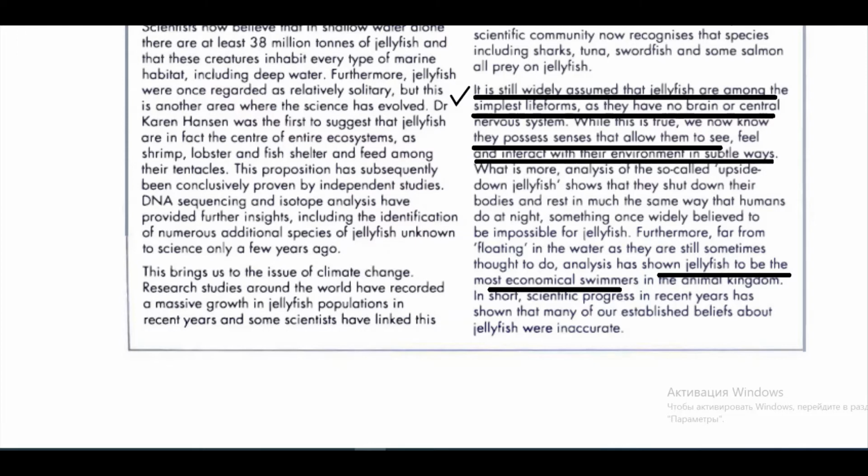We now know they possess senses that allow them to see, feel, and interact with their environment in subtle ways. Furthermore, far from floating in the water as they are sometimes thought to do, analysis has shown jellyfish to be the most economical swimmers in the animal kingdom.